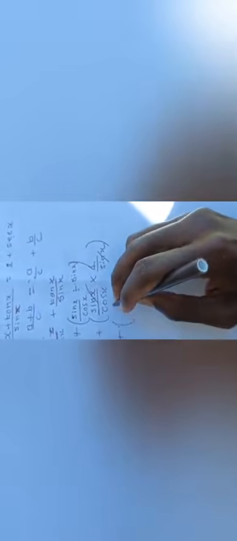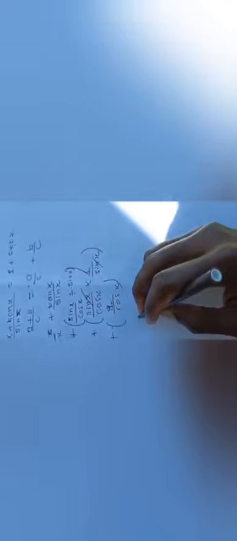Meaning that this and this will cancel out. So we now have 1 plus 1 over cos x, right? And recall that 1 over cos x is same as sec. So right now it's same as having 1 plus sec x. And just like this, you have proven.